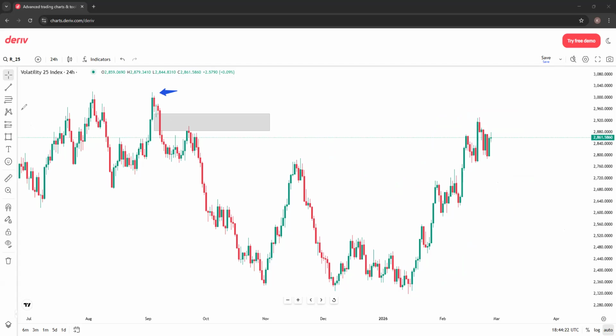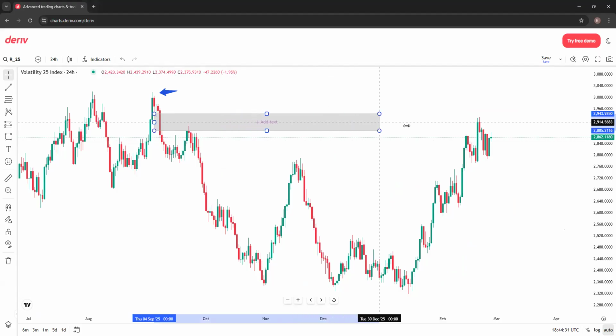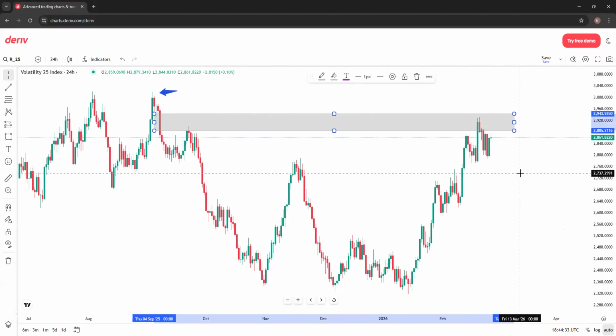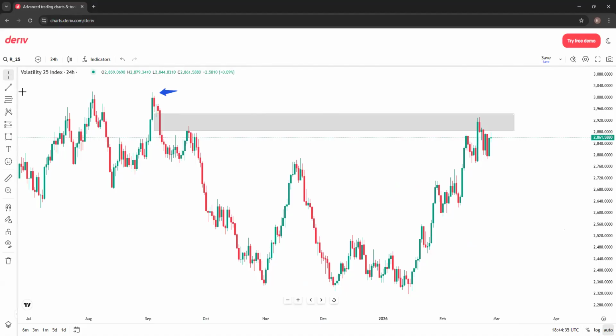Right. So when we noticed that we had a gap here, what do we need to do? We need to fill this gap. And I'll do it like this. If we mark 50% of that gap, I want you to see something here.